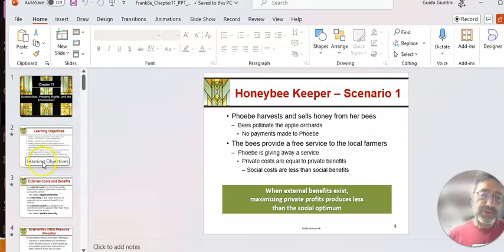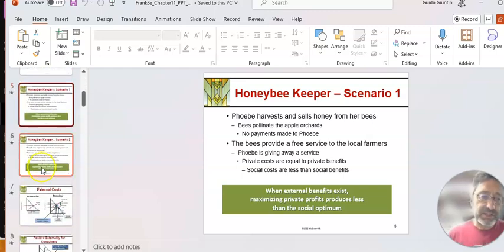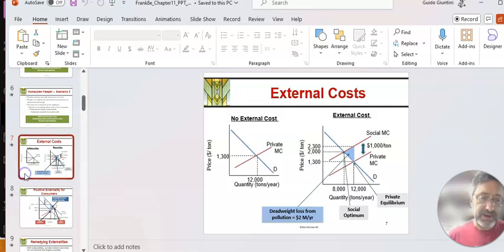The presentation and the chapter have graphs that explain exactly what happens when you have an external cost. You start from a normal equilibrium, supply and demand, and then something happens: there is an extra cost incurred, and this creates a problem with the supply and demand model. This is when everything works well.